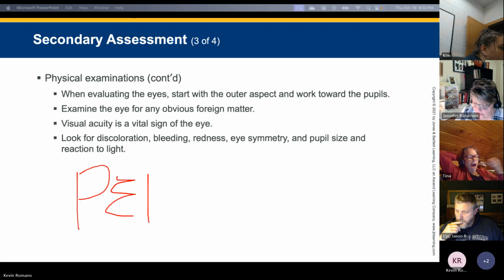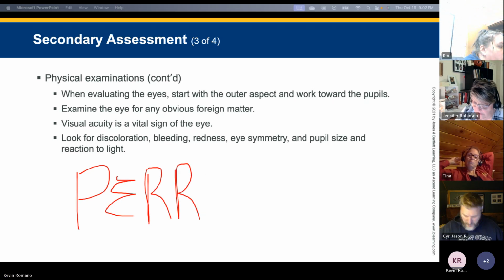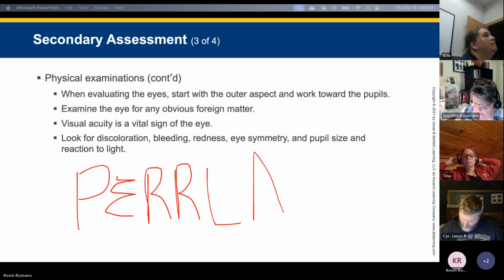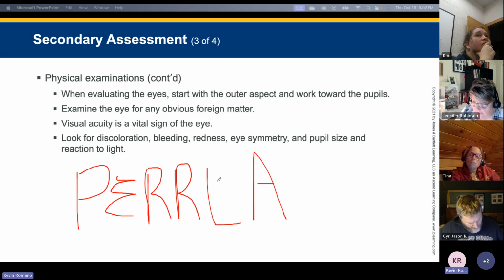So we're looking for PERRLA: pupils equal, round, reactive to light and accommodation. What does accommodation mean?